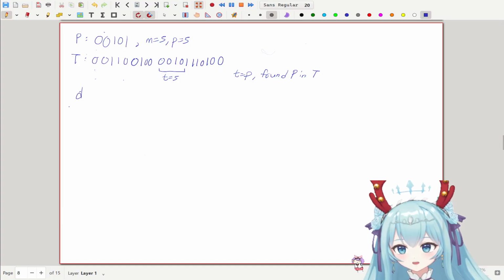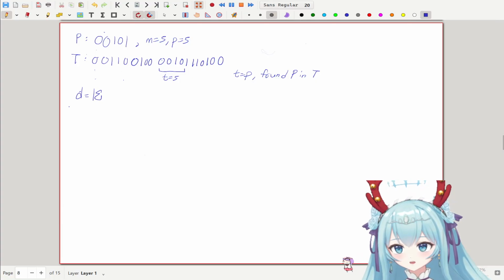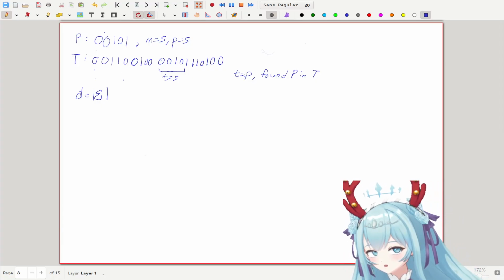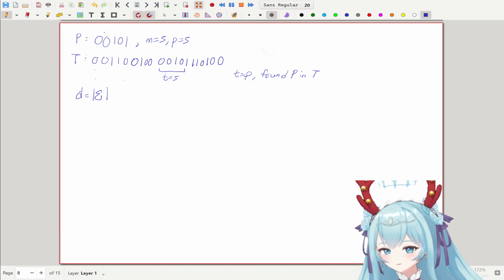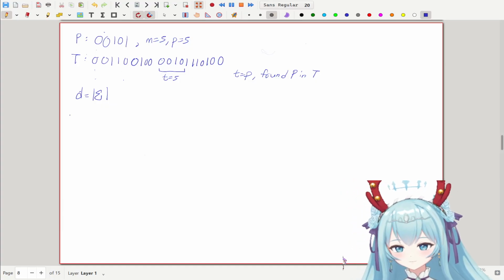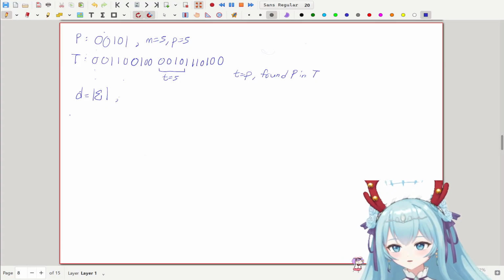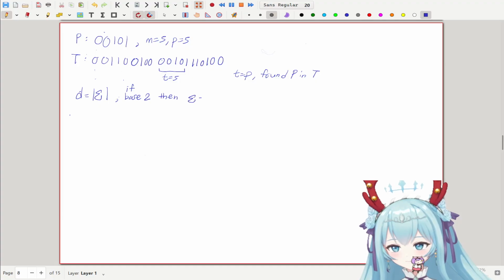Remember, D equals the cardinality of sigma. So let's say if it's base 2, then remember sigma is either 0 or 1.